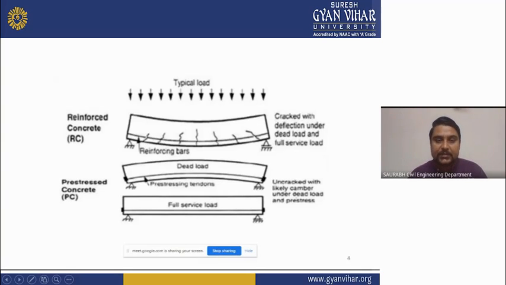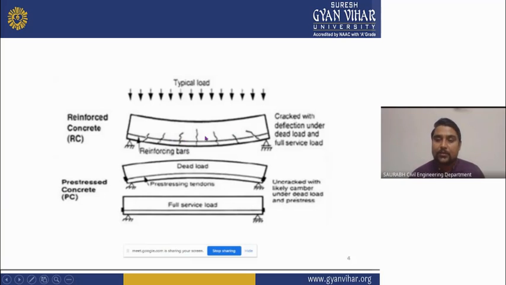Now, as you can see in this figure, there is one beam of RCC, reinforced cement concrete. If load comes on the upper side of this beam, there will be bending, and this bending will create some cracks in the bottom of this beam.